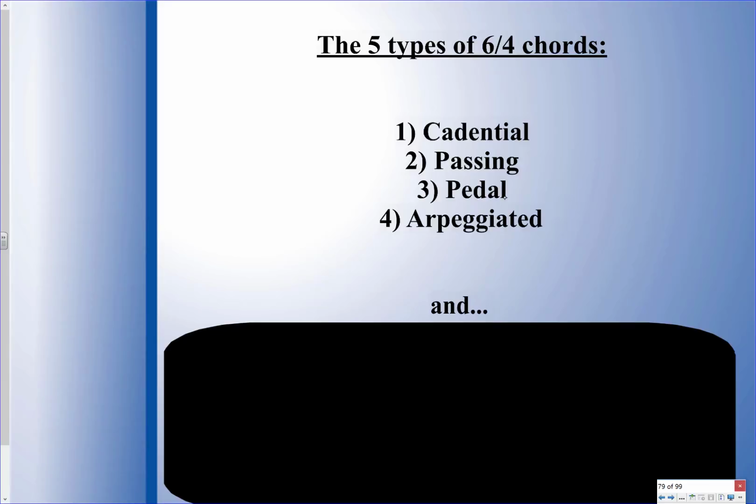When we hear the word pedal, perhaps that means to stay on the same note and keep it static. And when we hear arpeggiated, the first thing that comes to mind is a broken chord, maybe of like a root, third, fifth, 1, 3, 5 type of thing. And lastly, the fifth type of 6/4 chord. I will reveal it now.